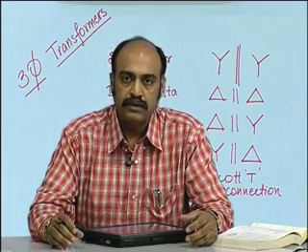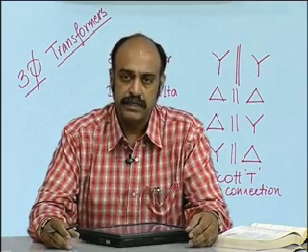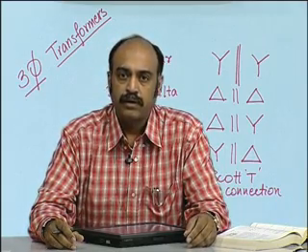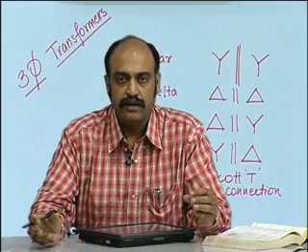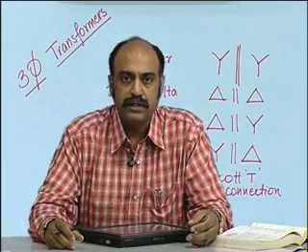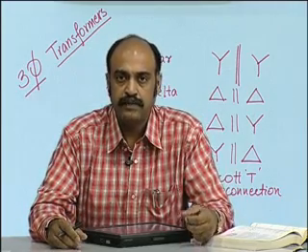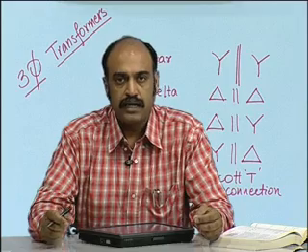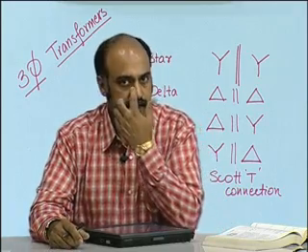As there are 2 main categories of three-phase connections, the star and the delta, we connected the primaries and the secondaries in these various combinations. That is, you have the delta connection, the primary side delta, secondary side delta. You have the delta star connection, the star delta connection and the star star connection.